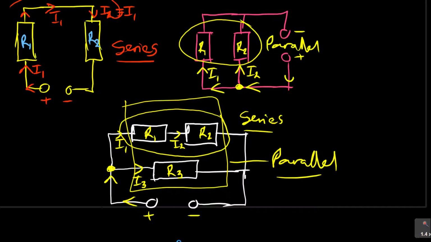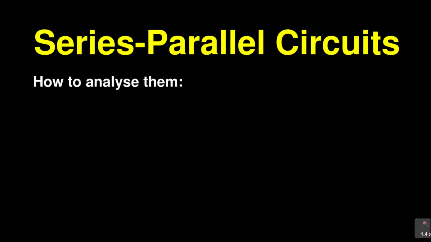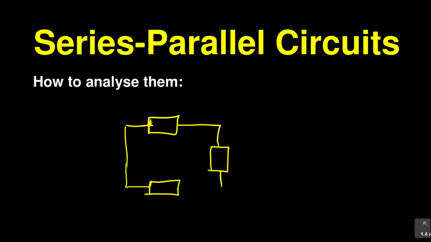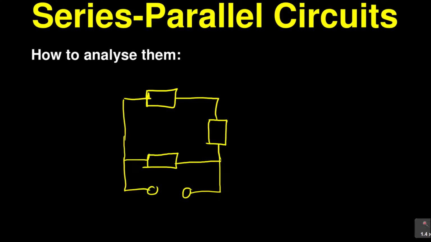I can also come with another scenario here. If I draw a circuit like that, so this is my circuit. Now in this circuit, I have my power supply like that, and I have my R1, my R2 and my R3, and this is my flow of current from positive to negative.